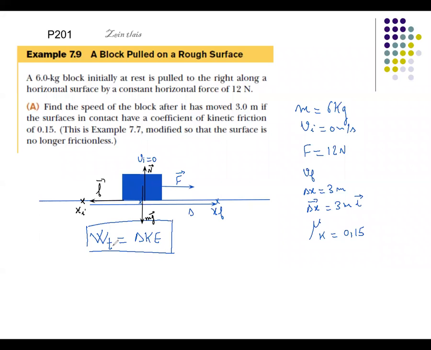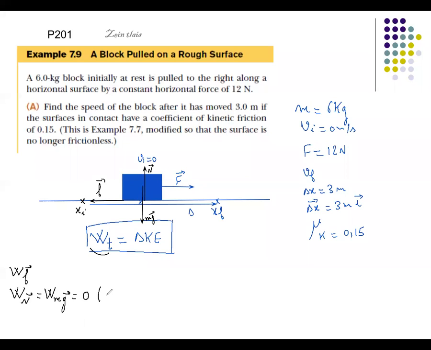So the total work equals work of f. We have work of N equals work of mg equals 0.